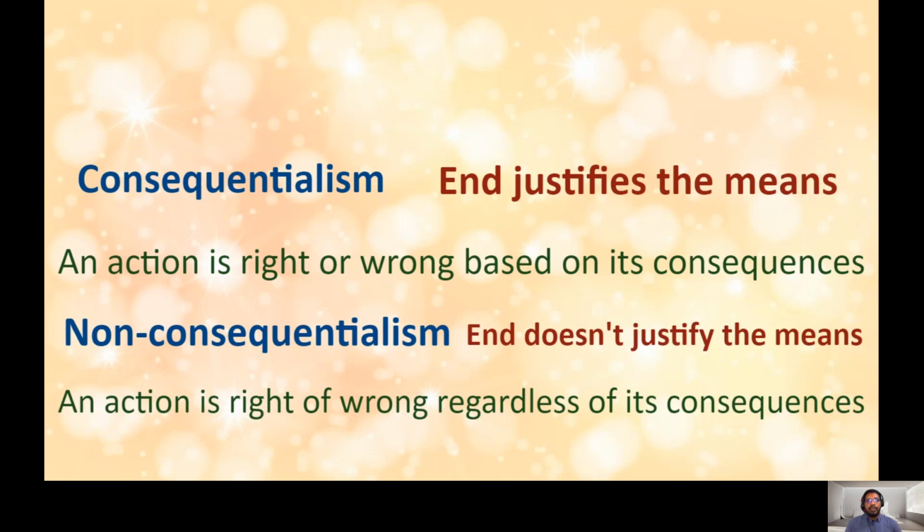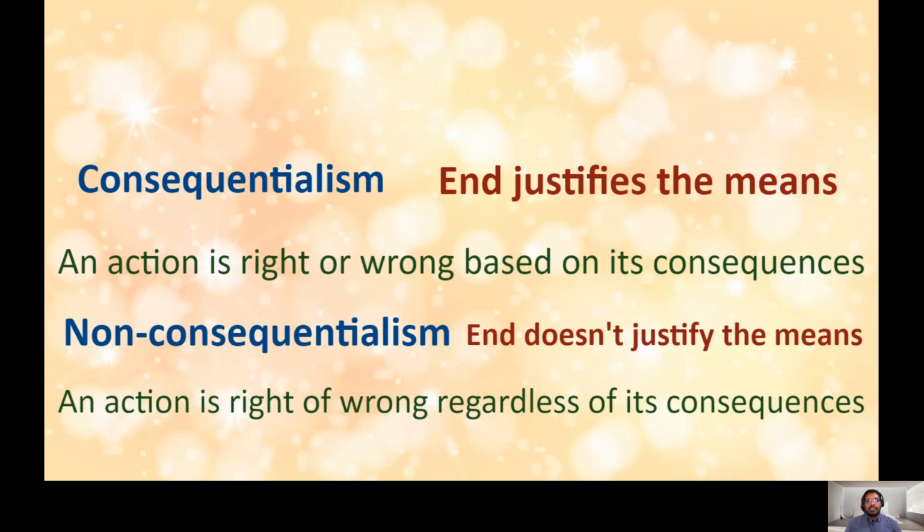Contrary to this, you have the school called non-consequentialism. It is the exact opposite of consequentialism. An action is not to be judged right or wrong by the consequences it produces. Consequences may be good, but the action in itself may be wrong. So you need to judge an action regardless of its consequences.